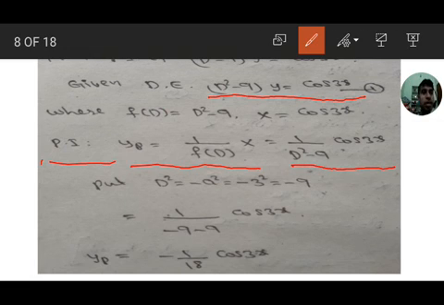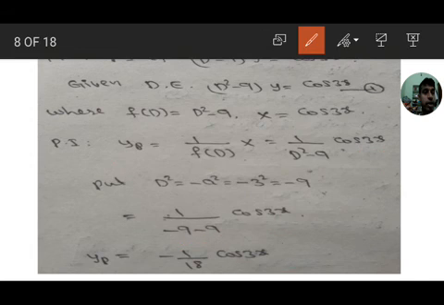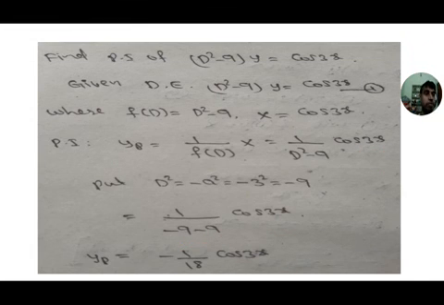D square equal to minus a square. Here a equal to 3, so minus 3 square, that is minus 9. So 1 by minus 9 cos 3x, minus 9 minus 9 means minus 18, so minus 1 by 18 cos 3x, the particular integral. Okay, write down the problem. Do the next problem.